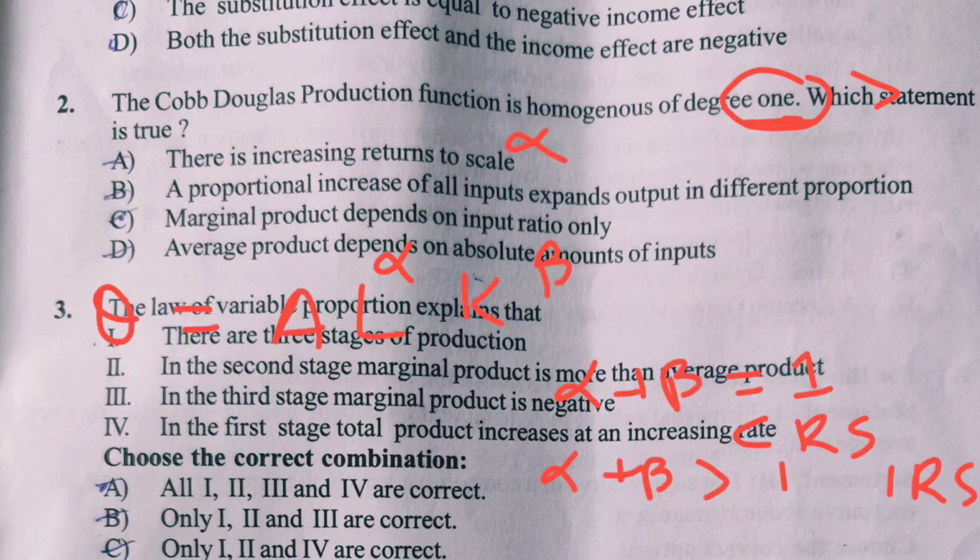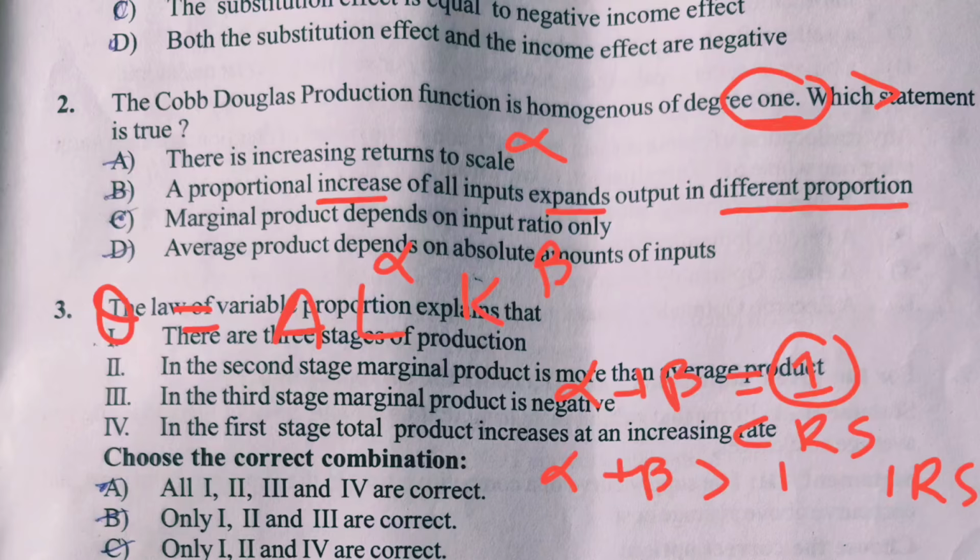Now we are also told a proportional increase in all inputs expands output in different proportions. No, that is also incorrect. Since it is of degree 1, a proportional increase in all inputs expands output in the same proportion.